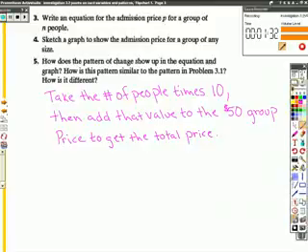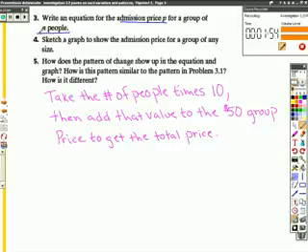So now what we're doing is we're writing an equation. Again, identify the variables. My variables are admission price and n people.